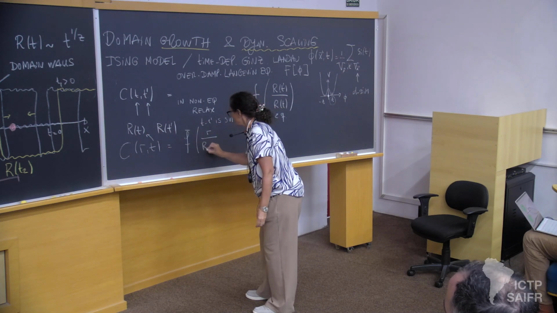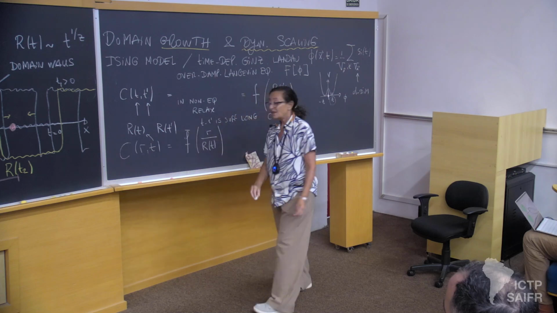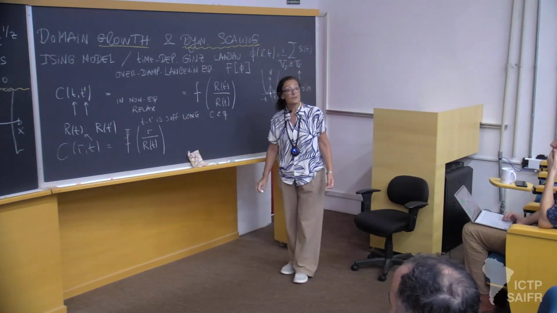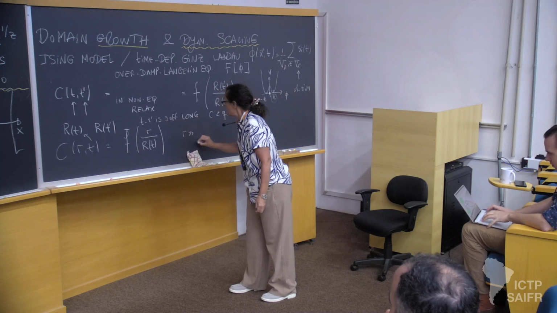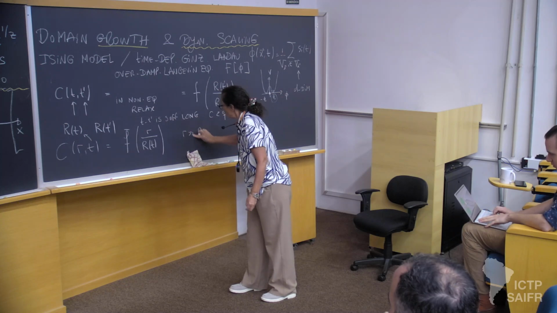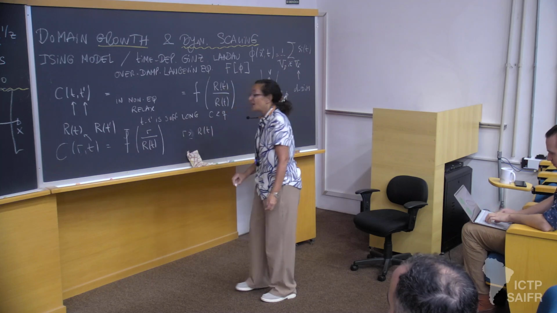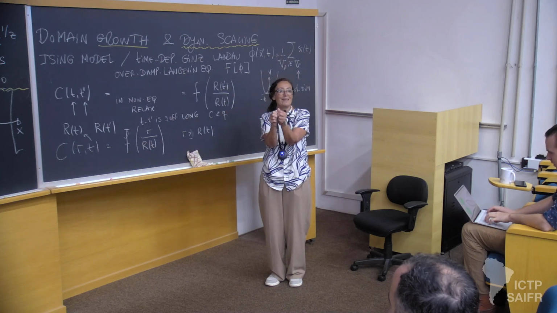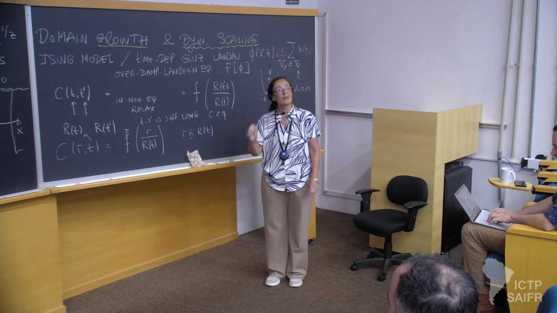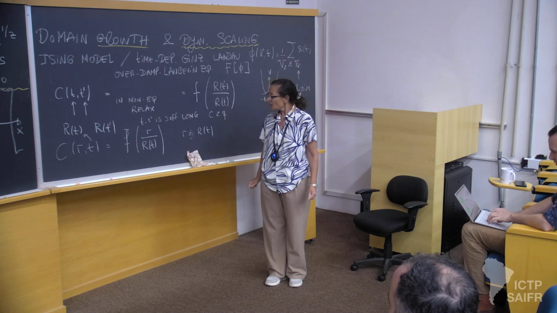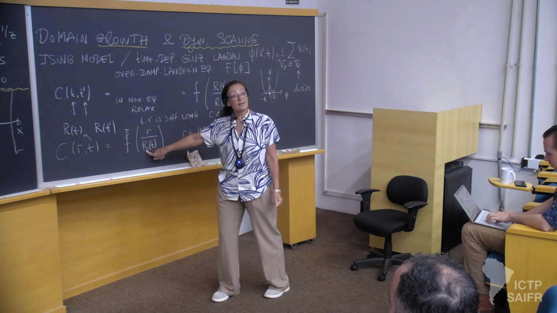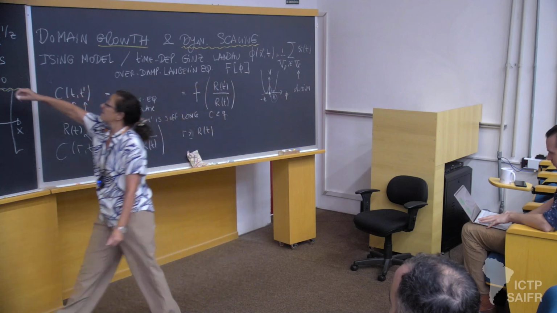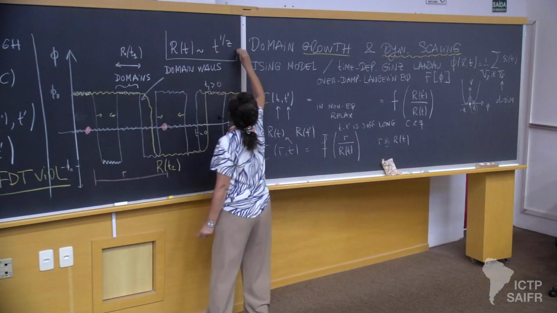So it should be a function of little r over R of t, for r longer than, or at least of the order of R of t, because otherwise you are within the domains, and then you only see the thermal fluctuations, right? So by doing this kind of scaling plots, you can extract the R of t, and you will get this, and you will estimate the z.